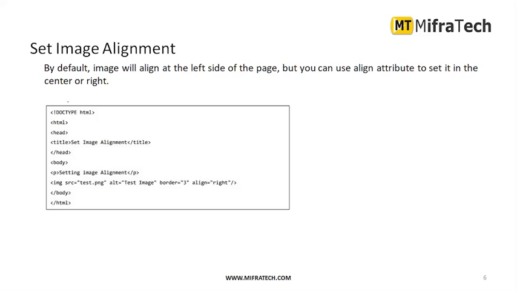The valign attribute works in a vertical way, referring to top, bottom and so on, whereas align refers to center, left or right.